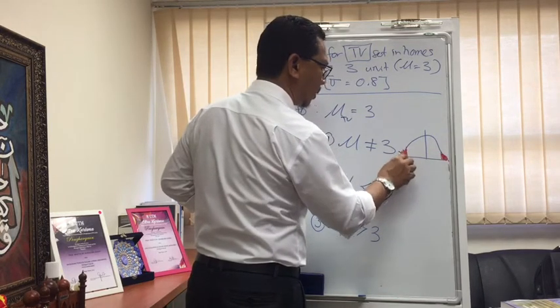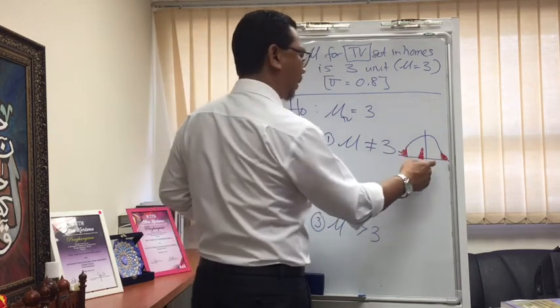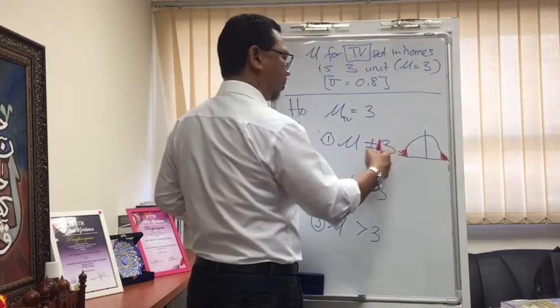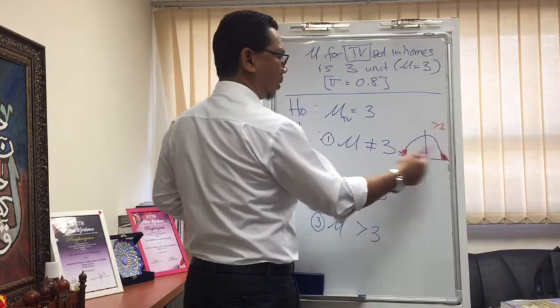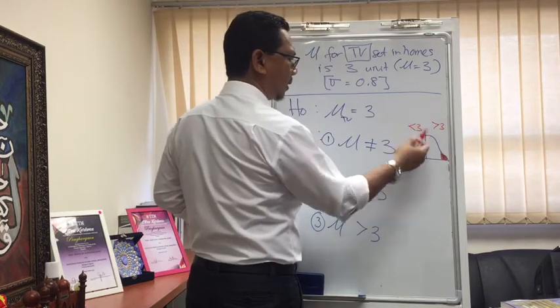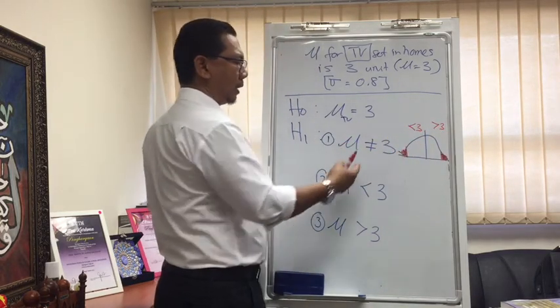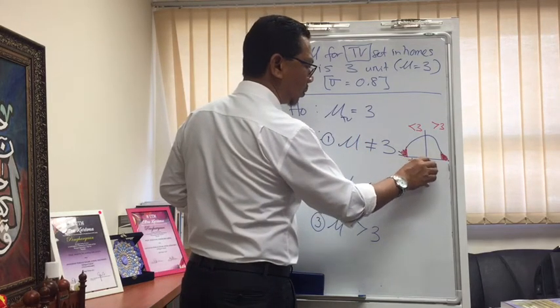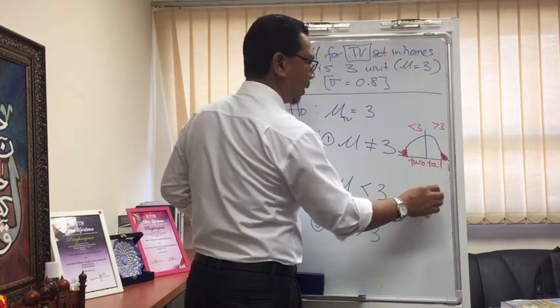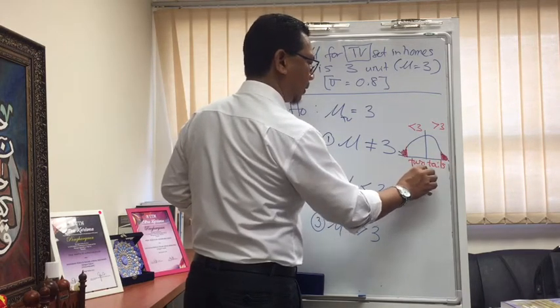On the right is more than 3, on the left is less than 3. This one we call a 2 tail test.